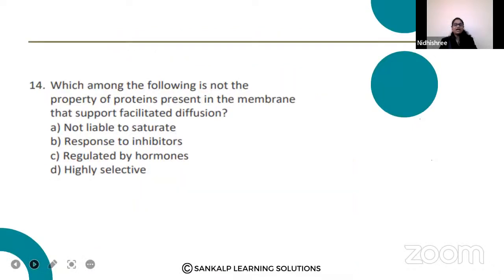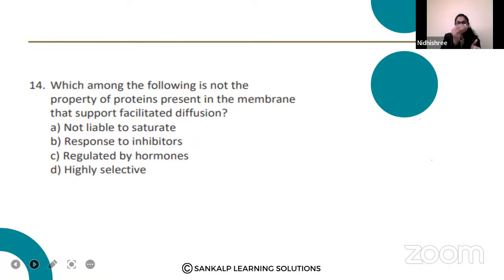The 14th question goes like this. Which among the following is not the property of the proteins present in the membrane that support facilitated diffusion? Just now I said, right? Certain molecules, glucose, amino acids, chlorine, sodium ions, will be transported along with the transport proteins or the protein channels in the membrane. Those proteins on the membrane have certain characteristics which we read in theory class.